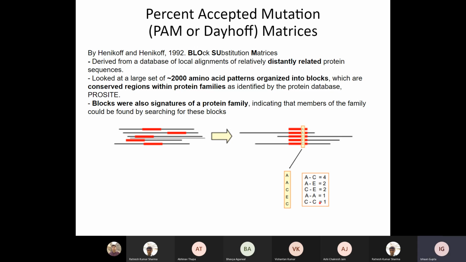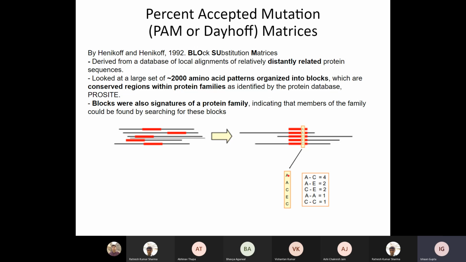Is this clear? Could you explain the transition part again? So let's say you have these five sequences, right? These are the underlying sequences in this particular block. We are basically trying to calculate the frequency with which A becomes a C. Why would it be 4 here?